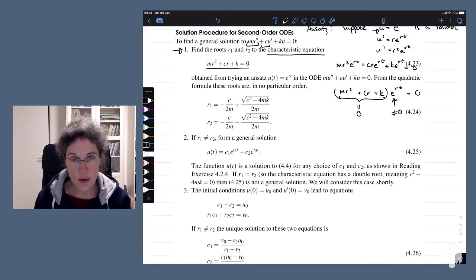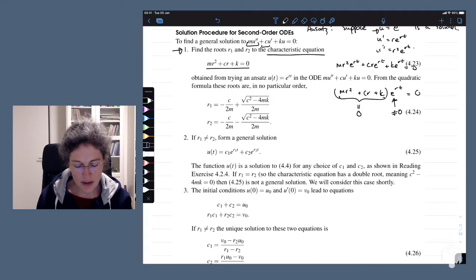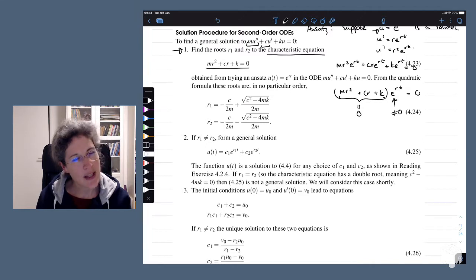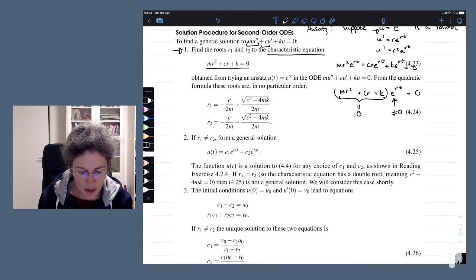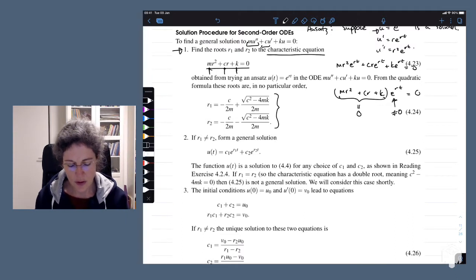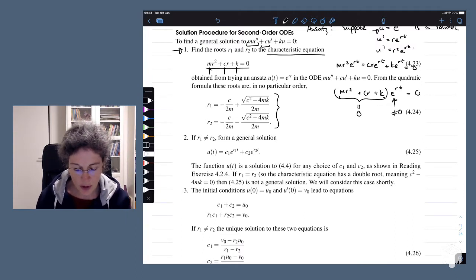And you can use good old quadratic formula that you've been using for years. So plugging in, you probably learned it as minus b plus or minus root b squared, whatever. But in terms of our m, our c, and our k, here are the roots of our characteristic equation.